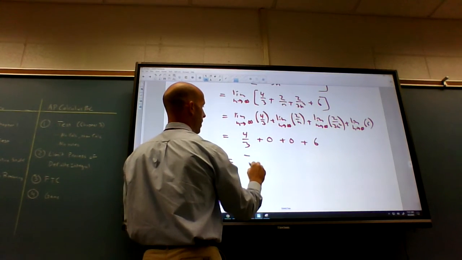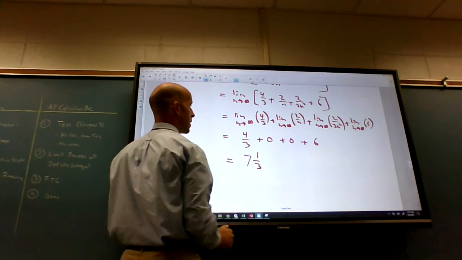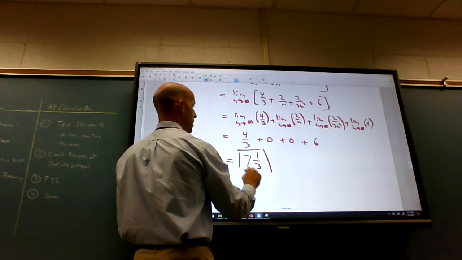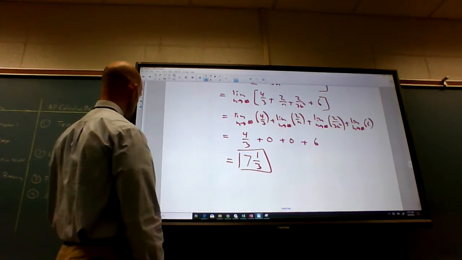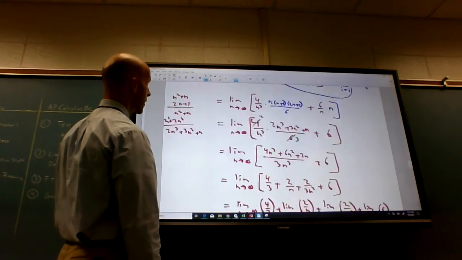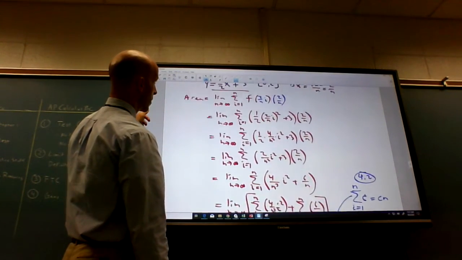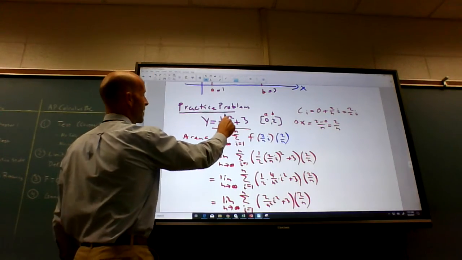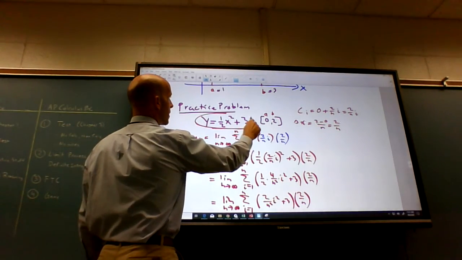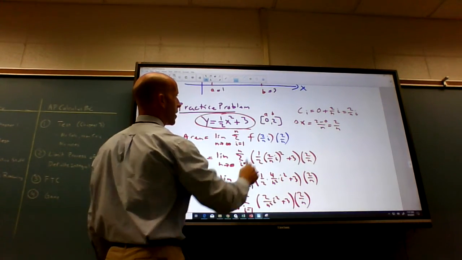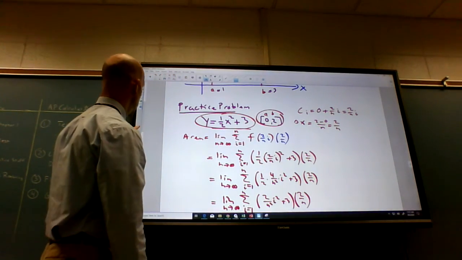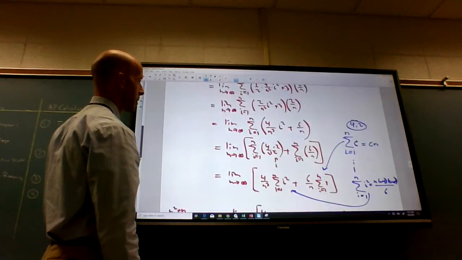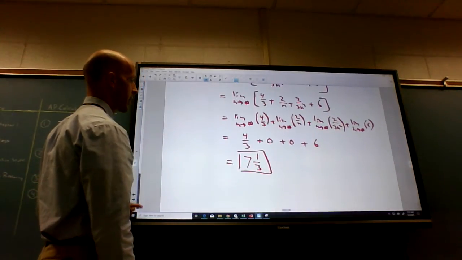And so you get a final answer of 7 1/3. So that would be the exact area, a little bit of work, of this parabola from 0 to 2. That exact area is 7 over 3.